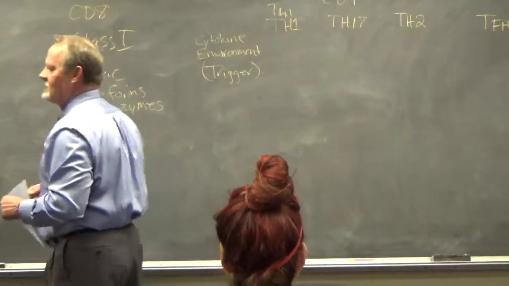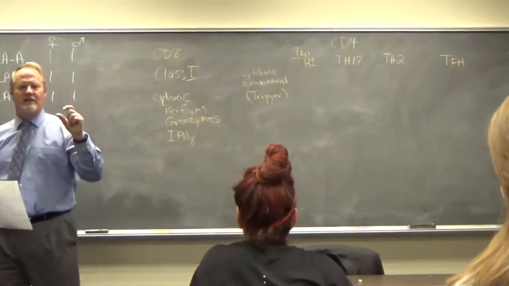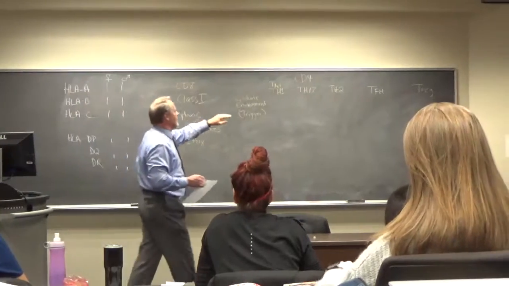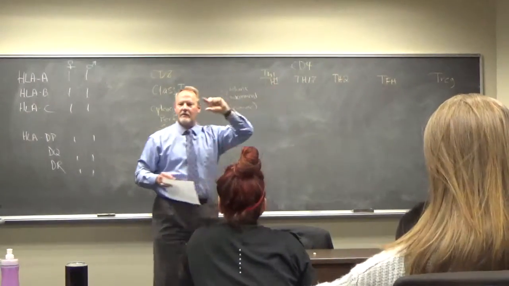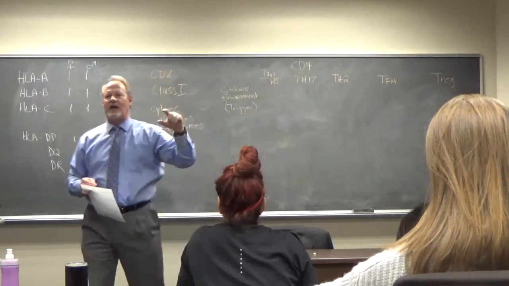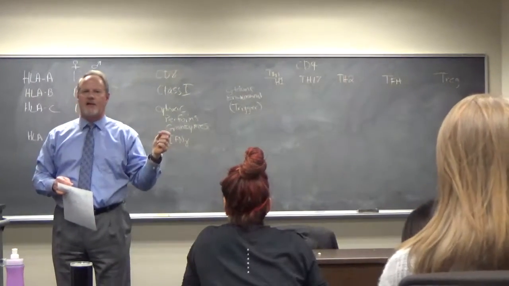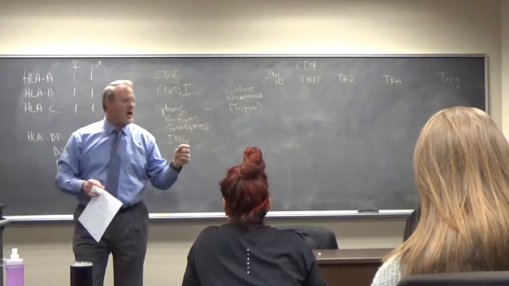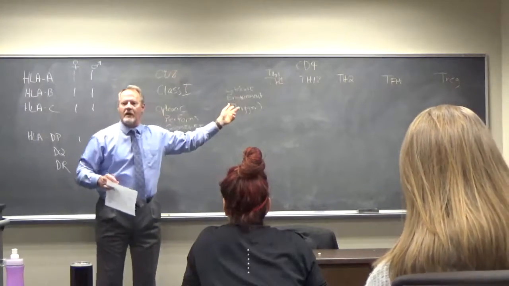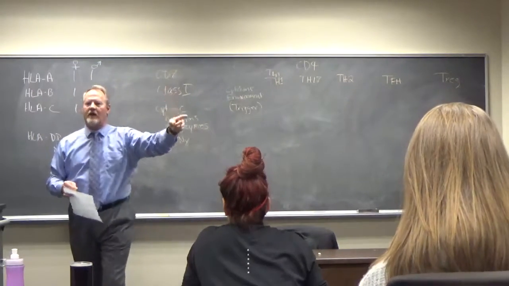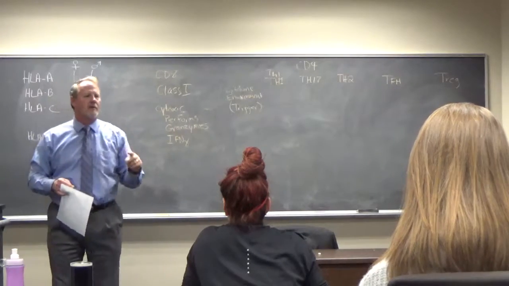So if this T cell is CD4 positive, it recognizes an antigen in the context of class 2, and it has CD4 on the surface that stabilizes that interaction. It doesn't know that what it recognizes is a bacteria or a virus or a parasite or whatever.